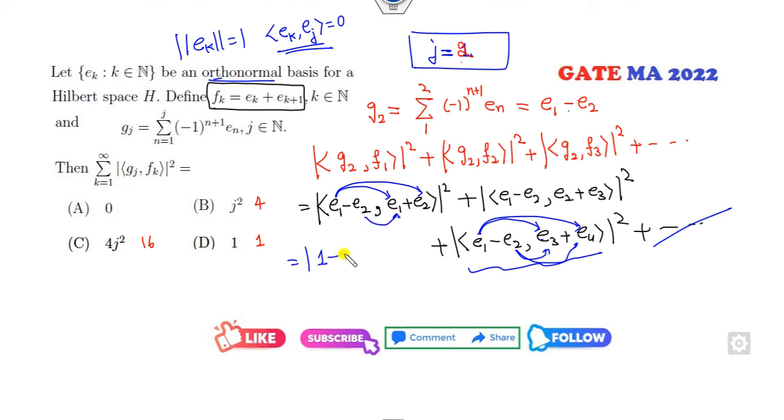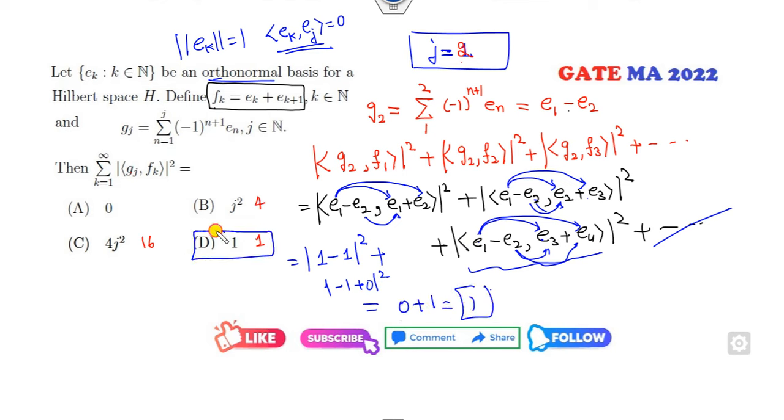This is 1 plus this is 0. This is 0. This value will be minus 1 and this number is 0, of whole square. So what is the right answer? 0 plus 1 is 1, the right answer. So it's 4, 16, only option D is the correct answer for this problem.